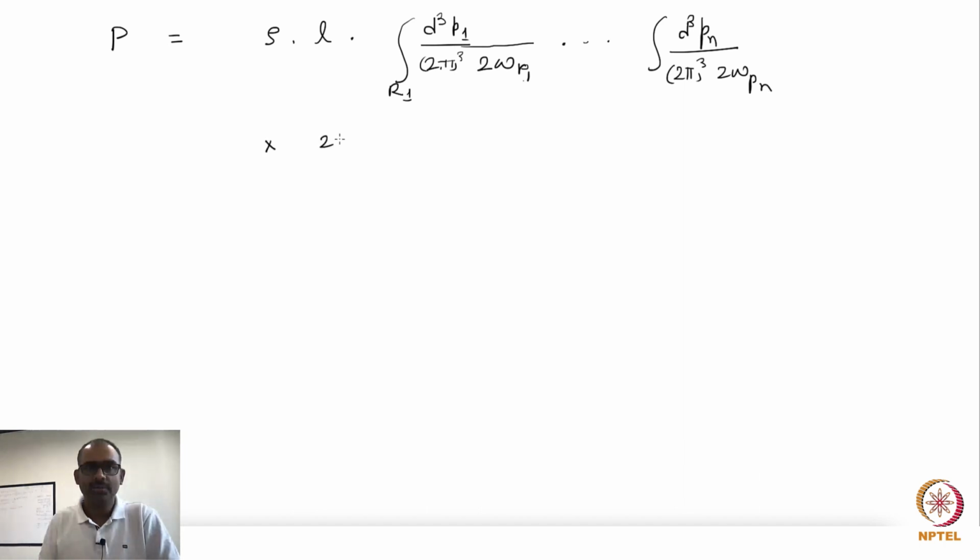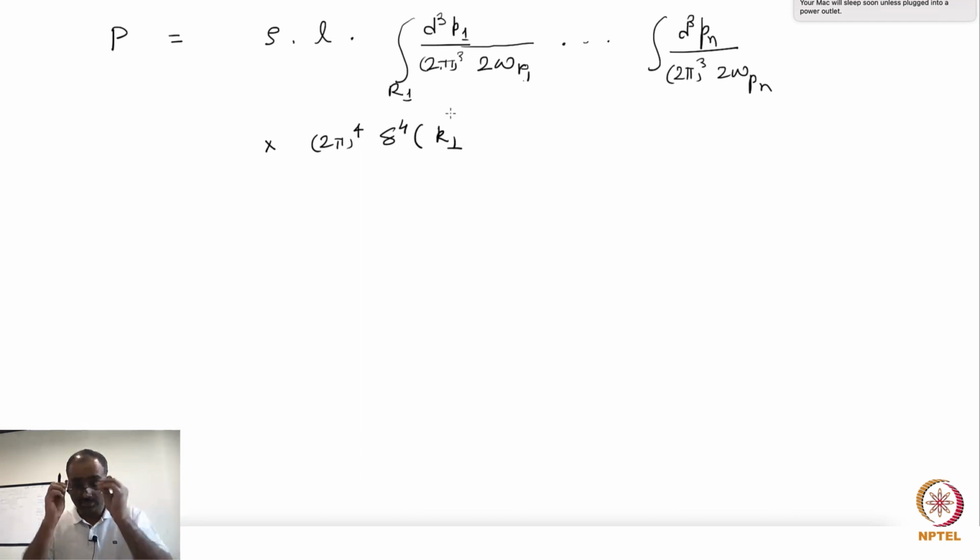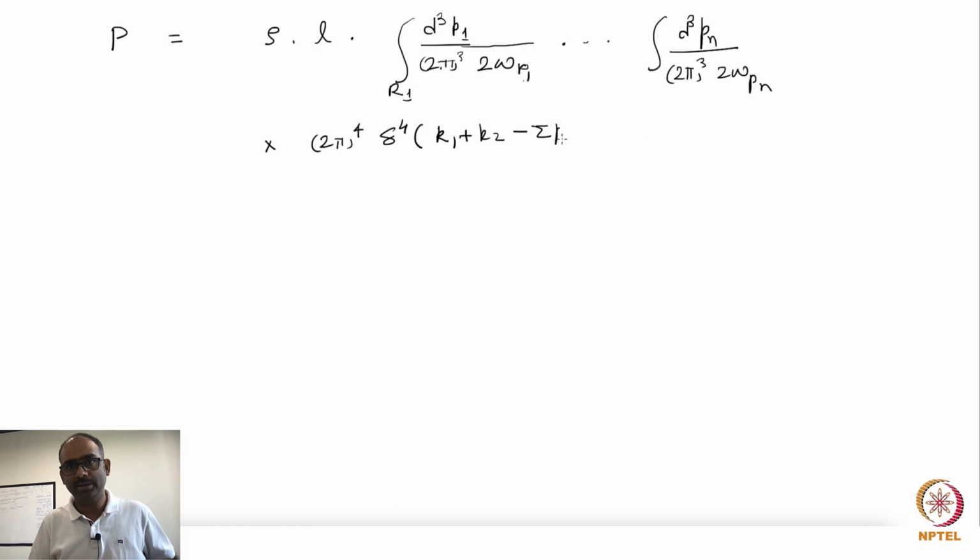times 2 pi to the 4 delta 4 K1 plus K2 minus summation over Pi.